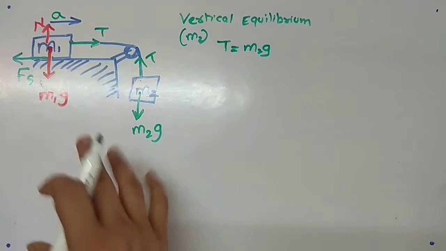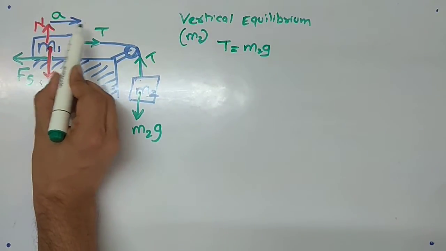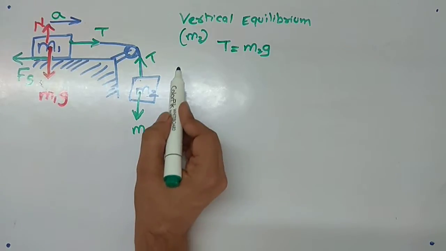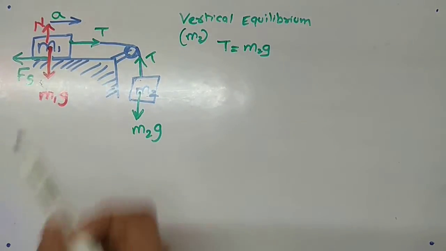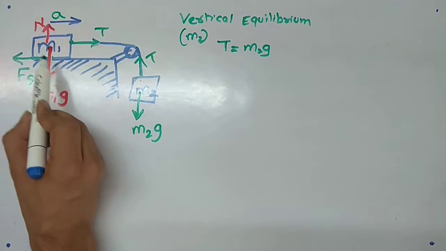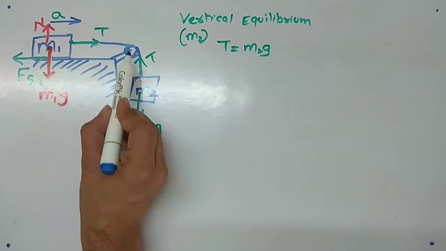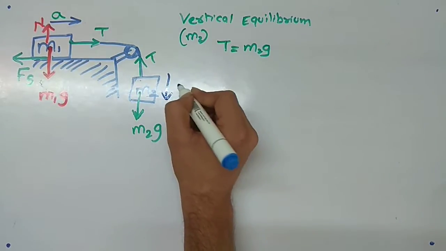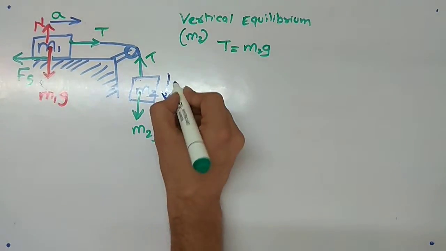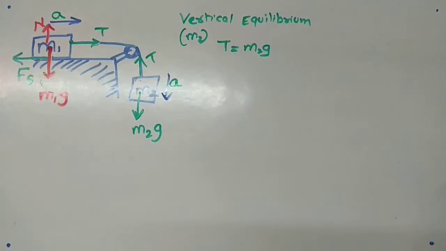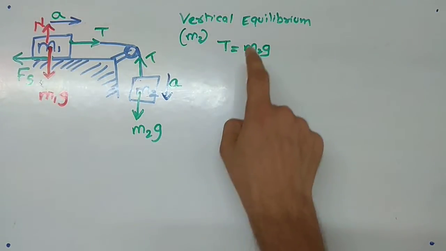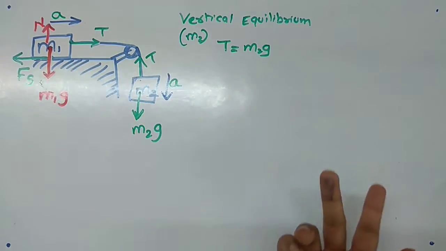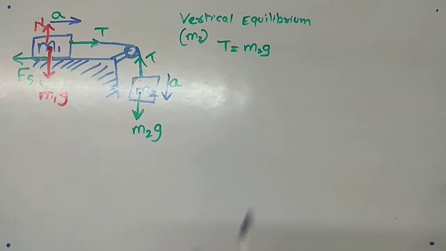But now in this question, the object of mass m1 is moving forward, so the object of mass m2 will obviously go downward. First we consider vertical equilibrium, but this system is not at equilibrium.